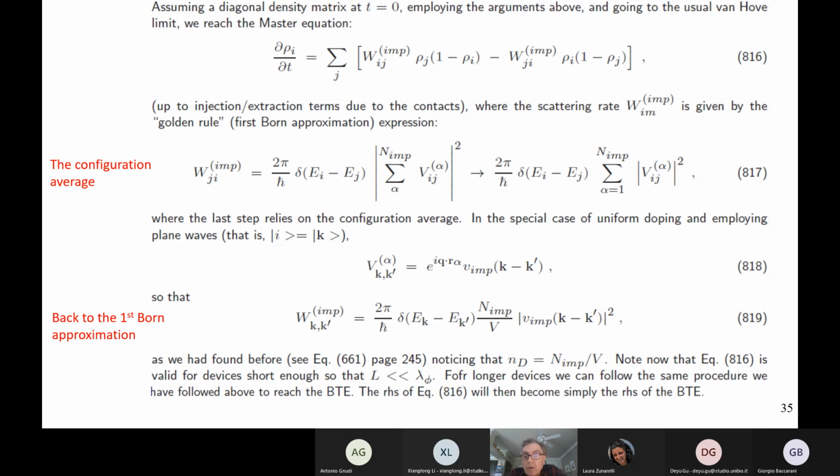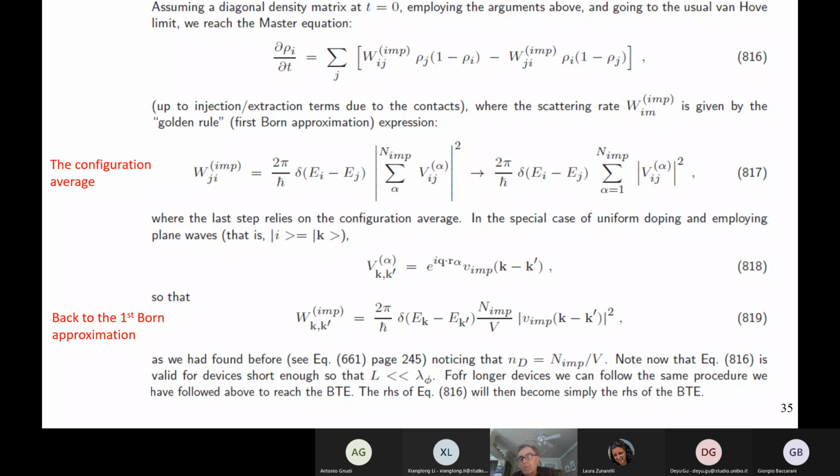So the idea is that this was seen only in samples which are small enough. If you take a big sample, what you have is essentially the cancellation of the phases from one sample to the next, which is the argument that Kohn and Luttinger gave when they derived the Boltzmann equation for impurity scattering.